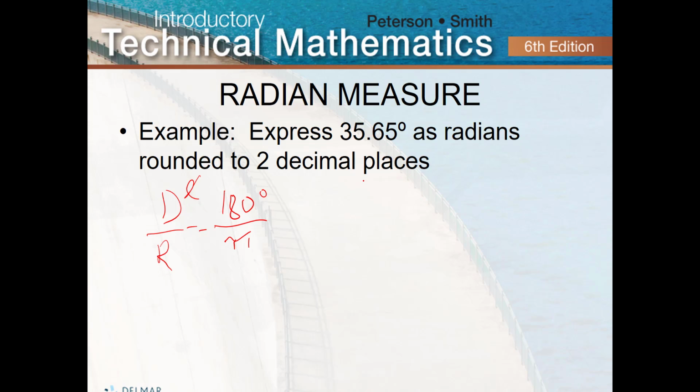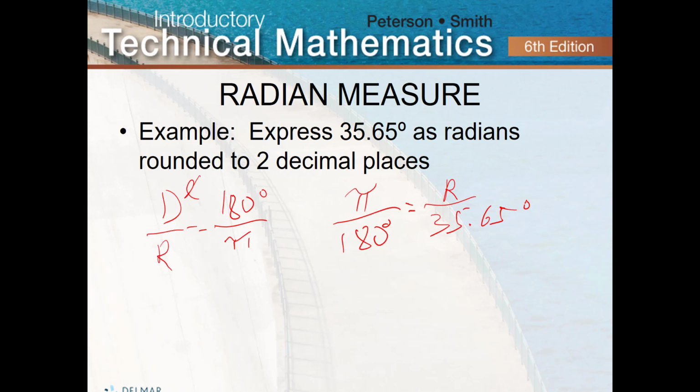So I'm going to say pi over 180 degrees is equal to r over 35.65 degrees.